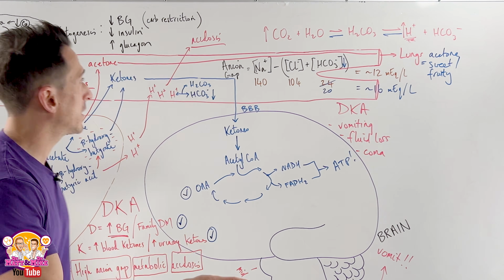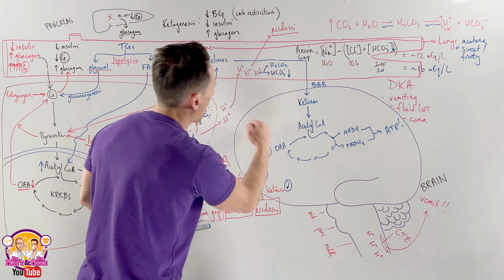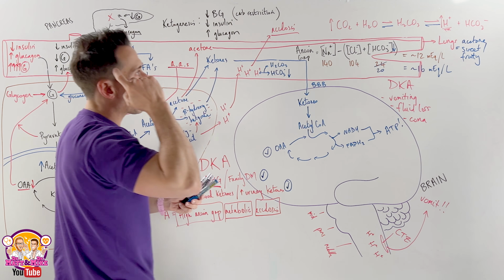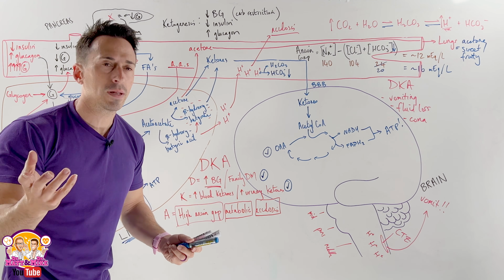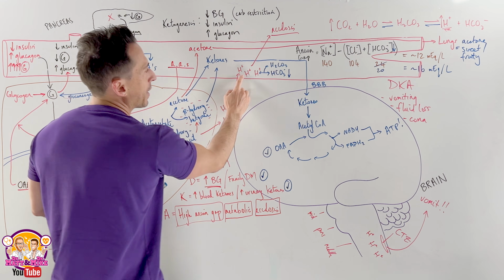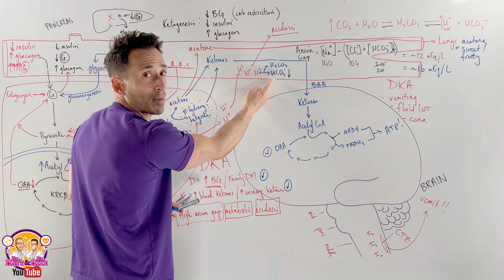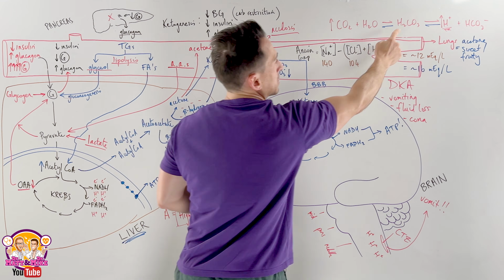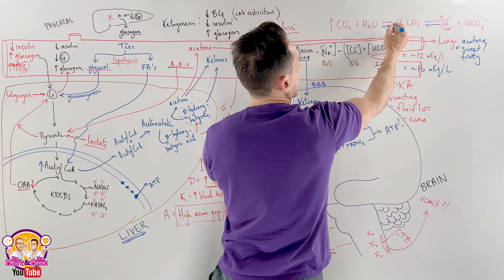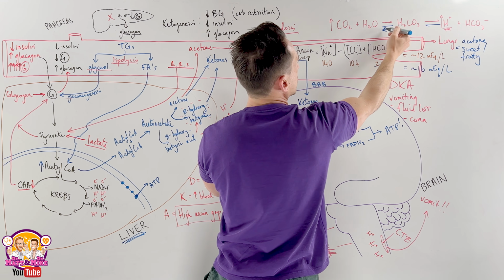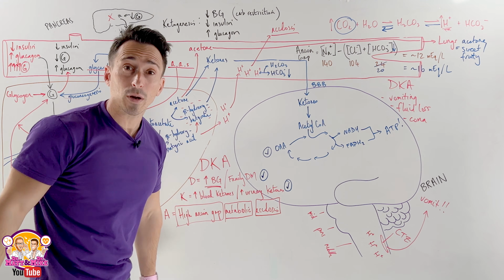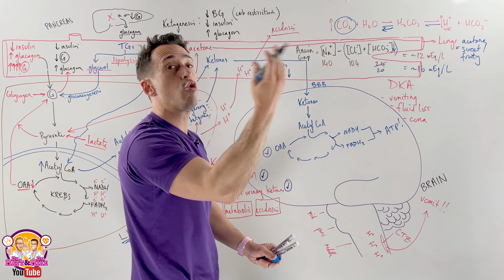and fruity. The other thing is that when you've got a lot of acid in the body, the brain goes, how do I get rid of this acid? Well, remember, that acid bound with the bicarbonate to form carbonic acid, this thing here. And what did I say carbonic acid can do? It can go backwards to form carbon dioxide. And what can we do with that carbon dioxide? Breathe it out.